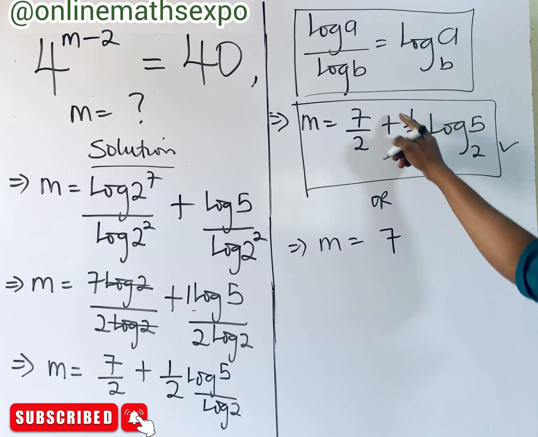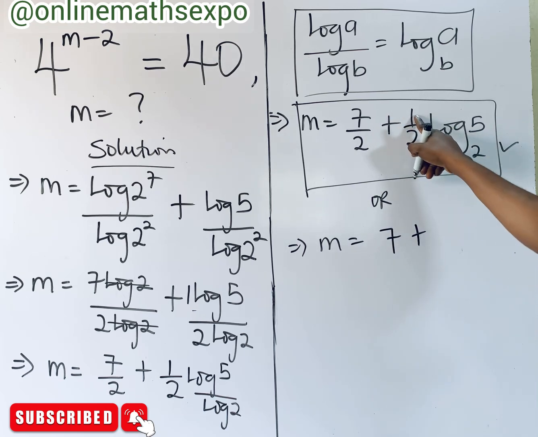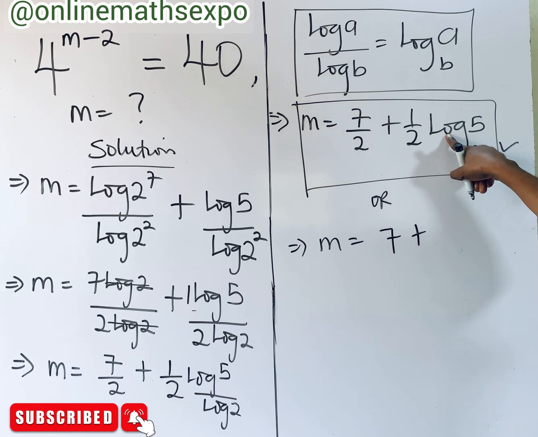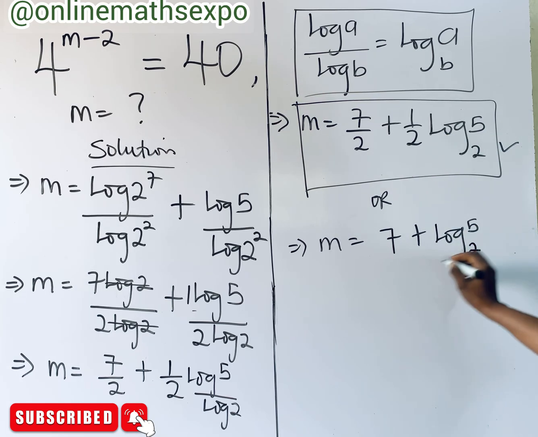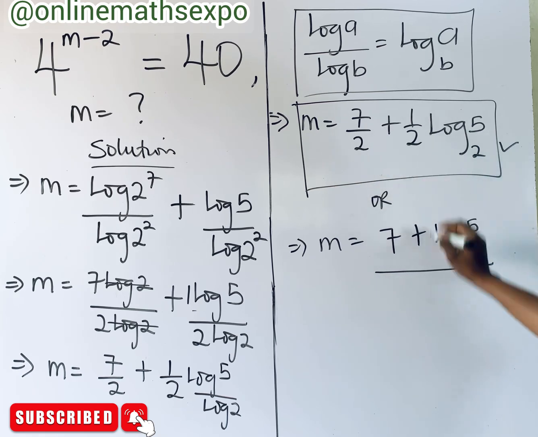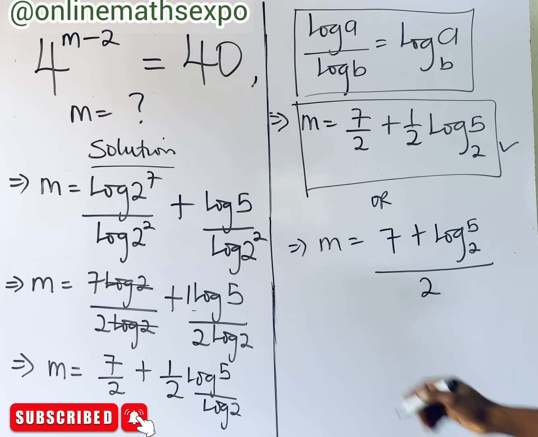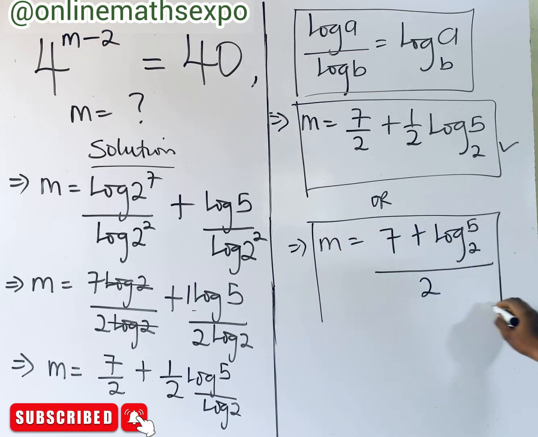So it can be 7 plus this 1. And you know 1 is the coefficient of this log. So it will be 7 plus log of 5 base 2 divided by this 2, which is the denominator of the two numerators. So you can leave it this way also. These two answers are correct.